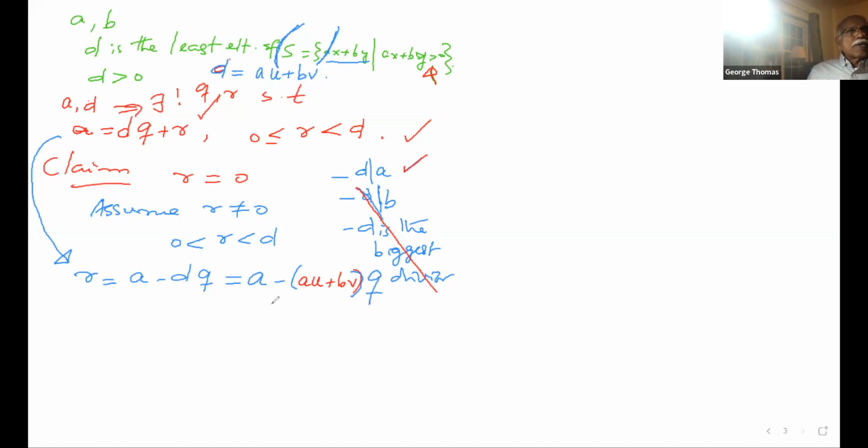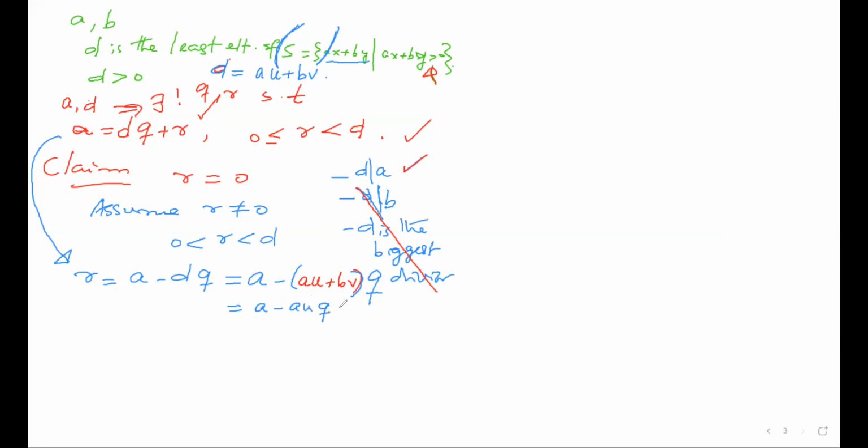Is this true? A minus DQ, I substituted from here for D. So this now becomes A minus (AU plus BV) times Q.